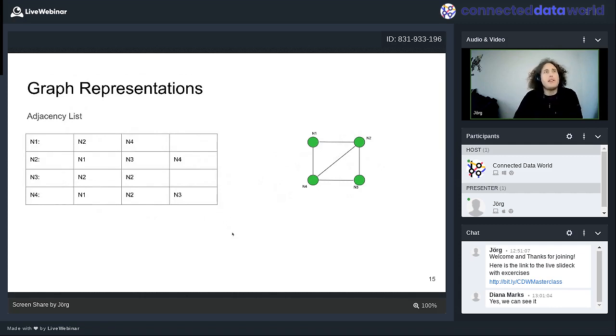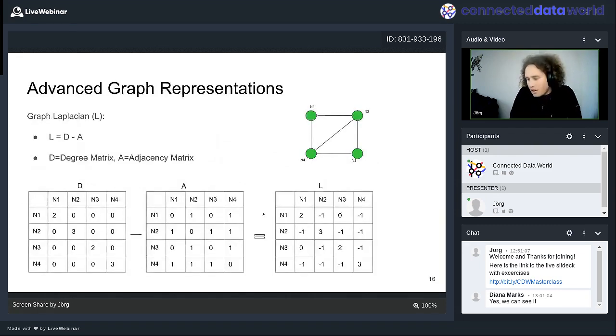Next would be an adjacency list, and I should probably change that away from a tabular format, but it's basically a list of the nodes adjacent to a particular node. So N1 is adjacent to nodes N2 and N4, whereas N2 is adjacent to N1, N3, N4.